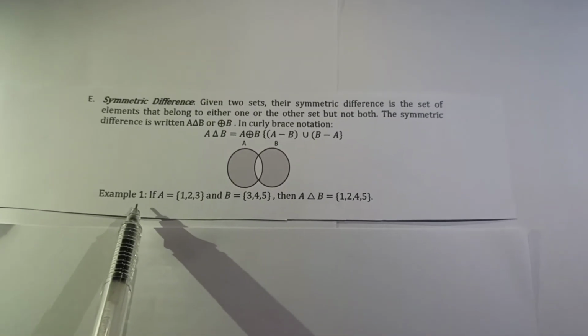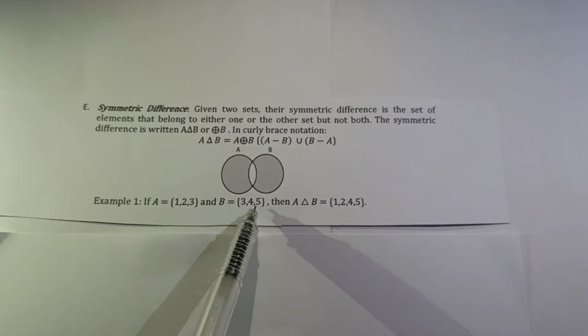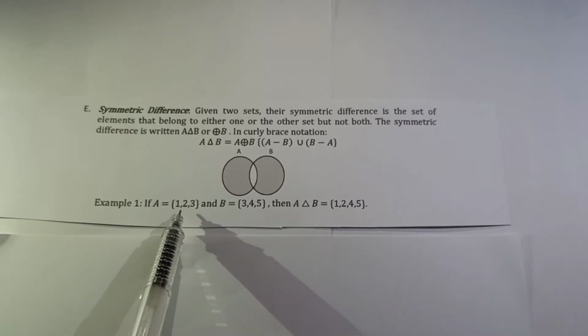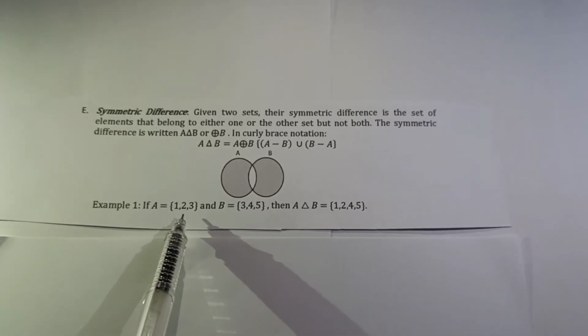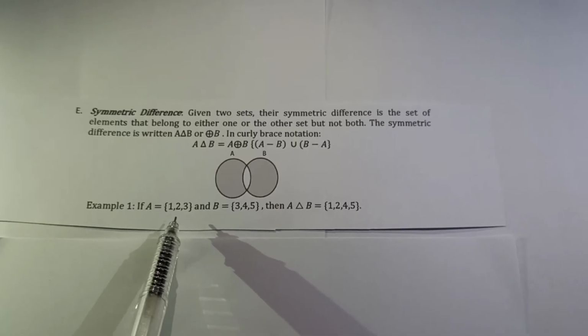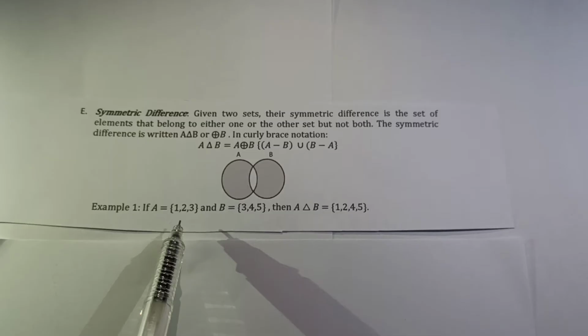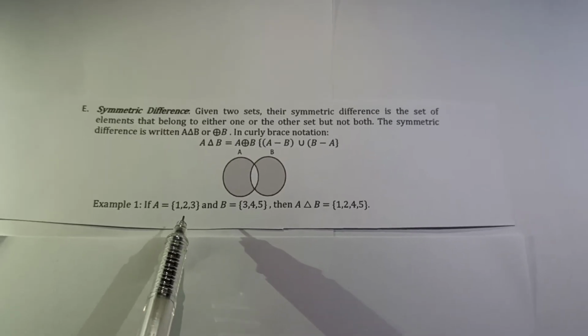So example number 1, if A is equal to {1, 2, 3} and B is {3, 4, 5}, we check that what we write should belong to either one or the other set but not both. So it should not be in the intersection of the two.